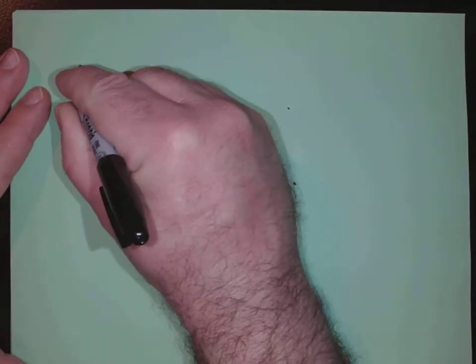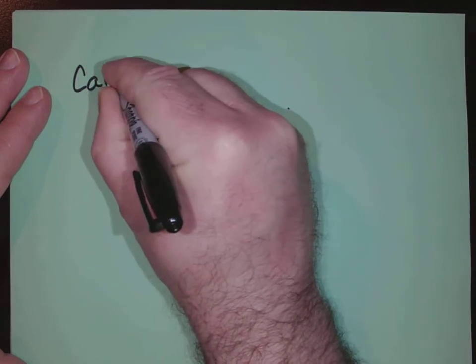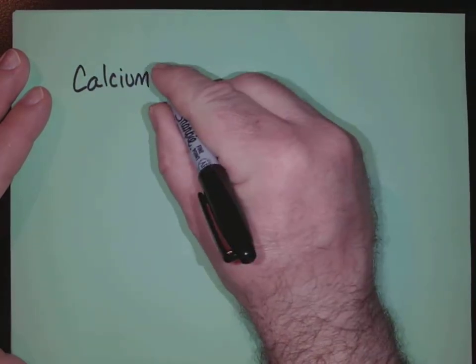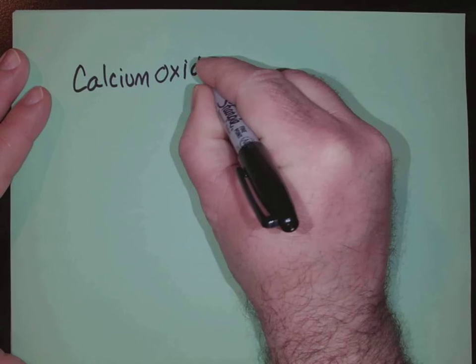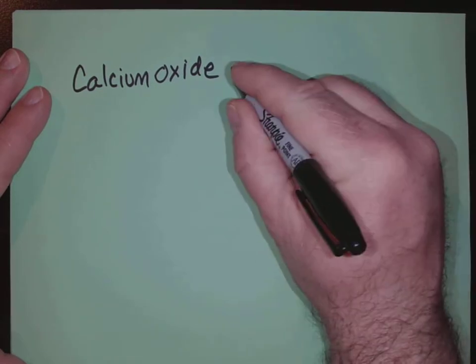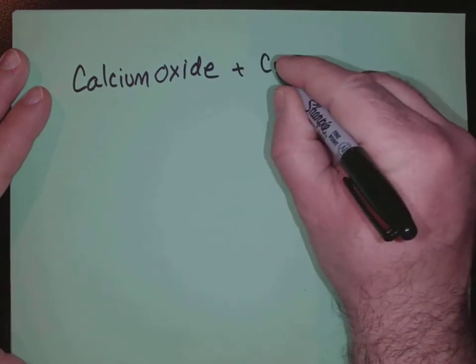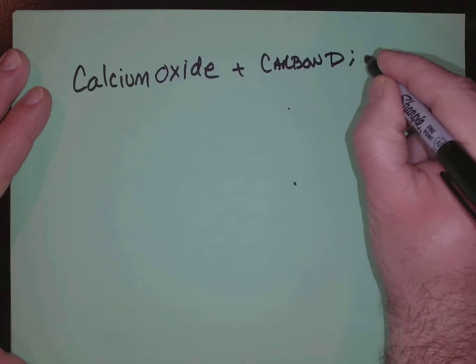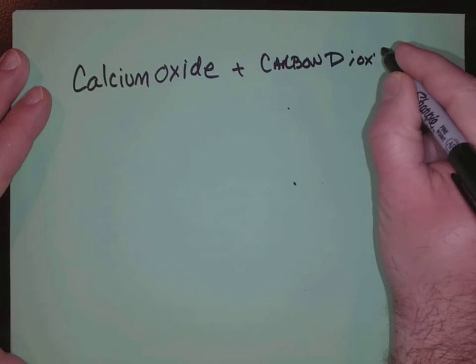So let's say we have calcium oxide. Again, oxides have oxygen in them, all right? And carbon dioxide.